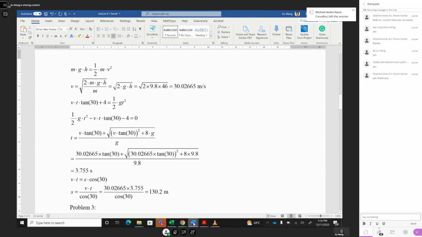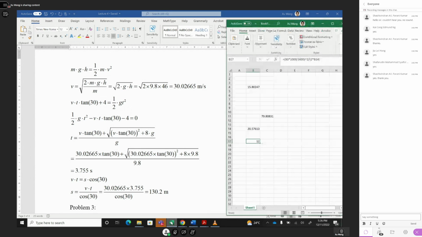If you're interested, I can show you how to calculate. No problem. The numeric should be 30.02665 multiplied by tangent 30 degrees.